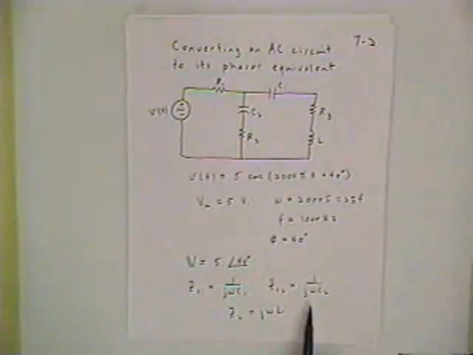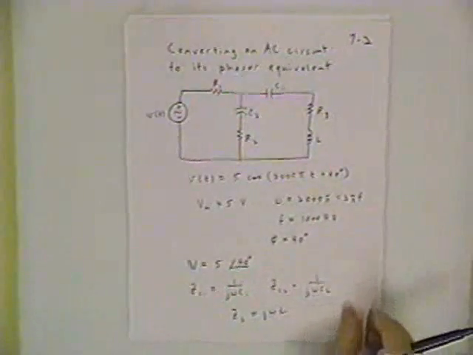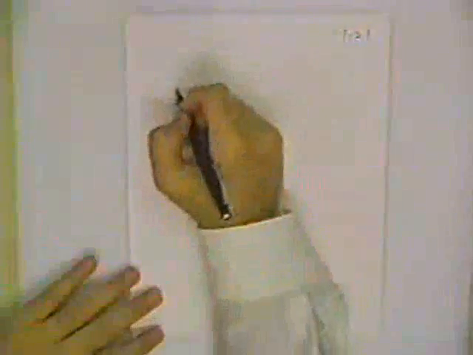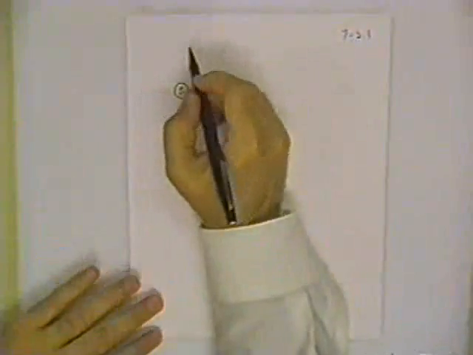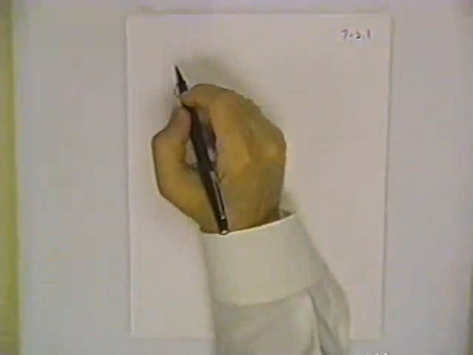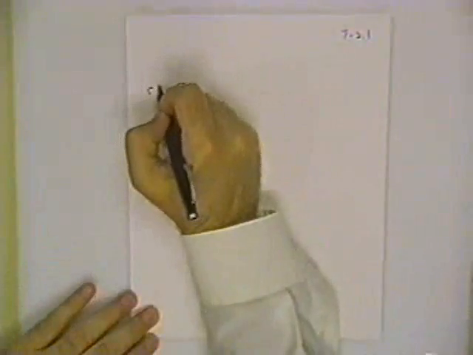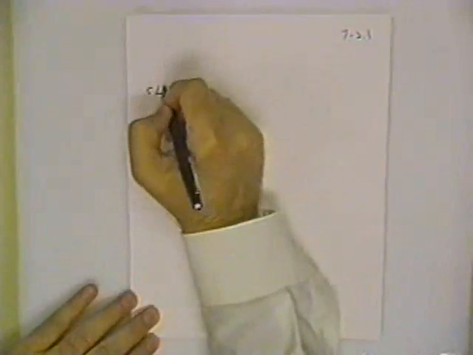Now, with all these substitutions, we're going to come up with a different circuit, a phasor equivalent circuit, or an impedance model for this circuit. And I want to show you what that would look like. You can use just the generic symbol for voltage source, because if you label it with a phasor, it's then pretty clear that you're talking about a phasor equivalent.